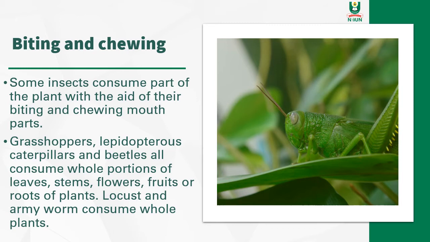They consume the leaves, stems, flowers, fruit, in short, the whole plant. They are so dangerous. For example, locusts, when they come in their numbers, they just come and clean.